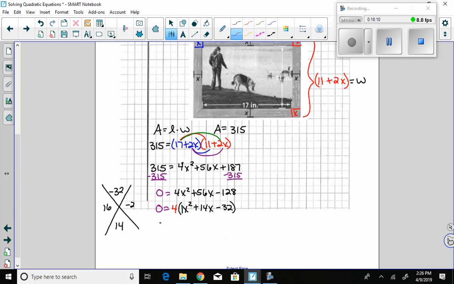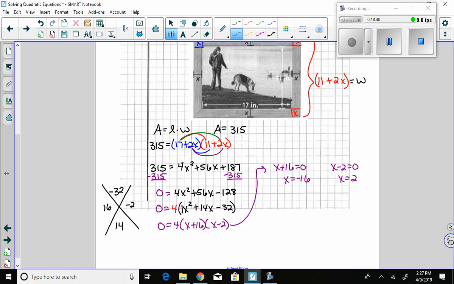So I have 0 is equal to 4, which I really don't care about, times x plus 16, and another factor is x minus 2. At this point, I'm going to look at these and set them both equal to 0. X plus 16 must be the 0, because obviously 4 isn't 0. And x minus 2 has to be 0. So I get x equals negative 16 or x equals positive 2.